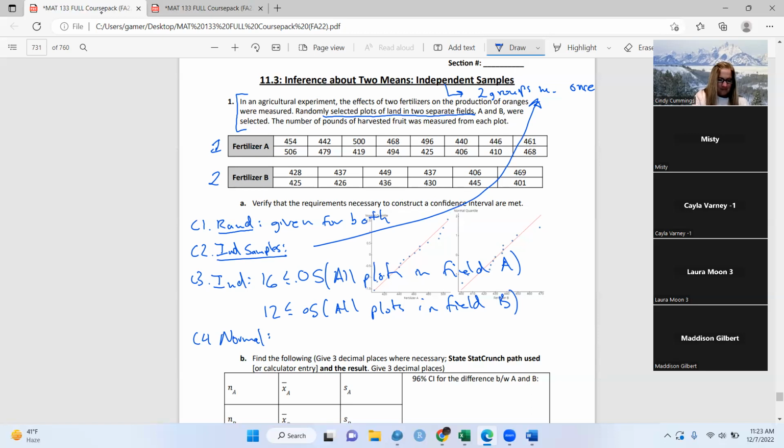Let's see. Both normal probability plots are approximately linear. Okay. Are y'all getting sick of these? I hope so.